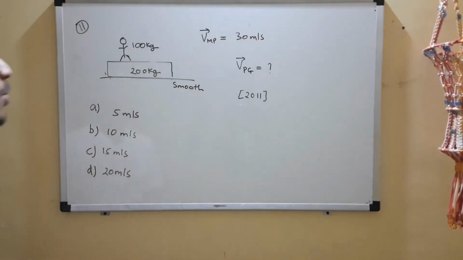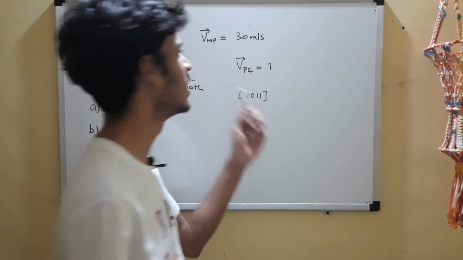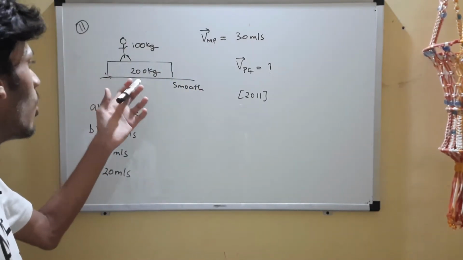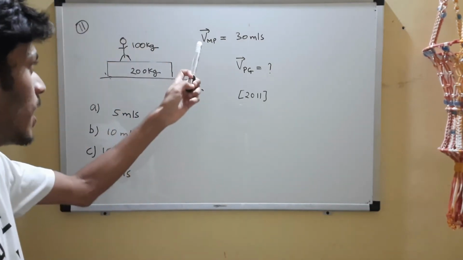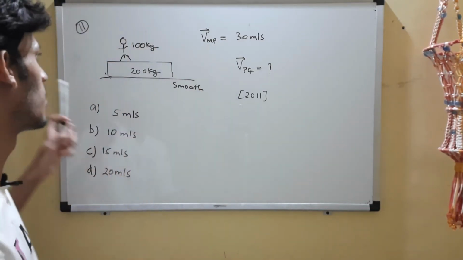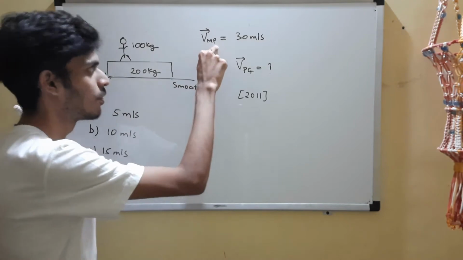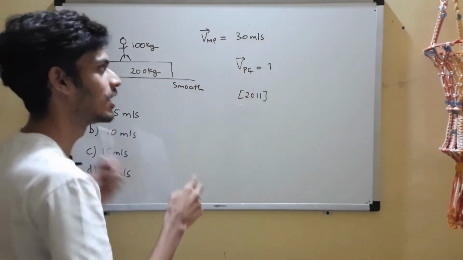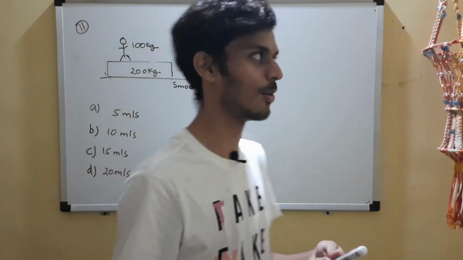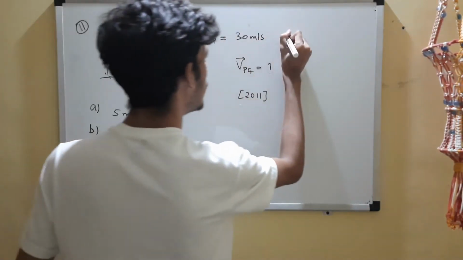Question 11 from 2011. In this question you have a man walking on a platform. Man is 100 kgs, the platform is 200 kgs. The man is walking relative to the platform. The velocity of man relative to platform is 30 meters per second. You have to find the velocity of platform with respect to ground. First of all we can simplify this.